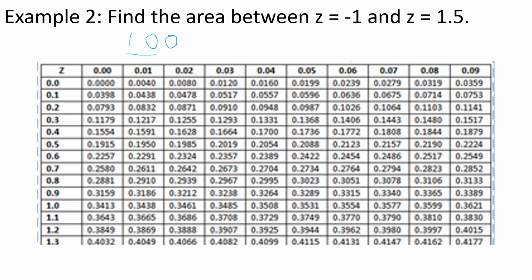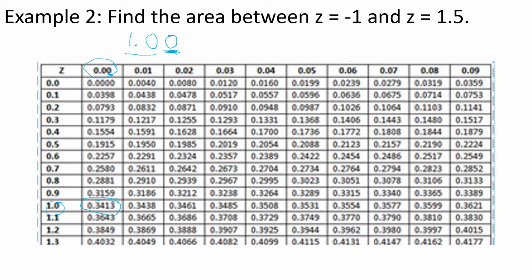So the first 2 digits will come again from the column that is located here. And the third digit, which is again 0, the hundredths digit, is located here in the first row. And these two encircled numbers meet at this point.